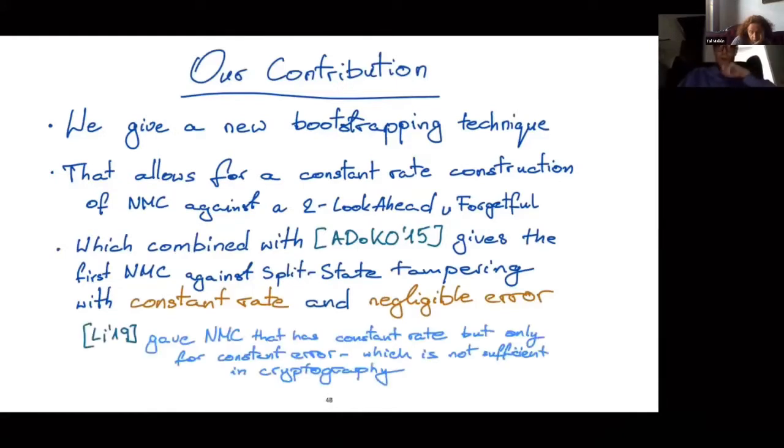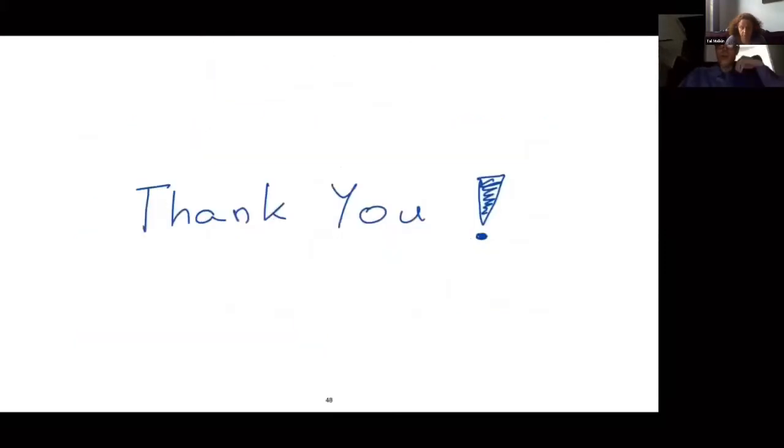One has to mention at this point that Xin already got the NMC against split state with constant rate, but only in a constant error regime. And that's not sufficient for cryptographic applications. We need negligible error. But yeah, that's it for this talk.